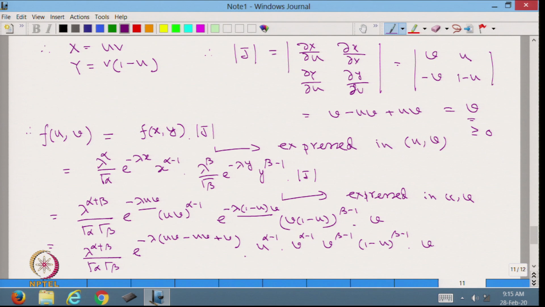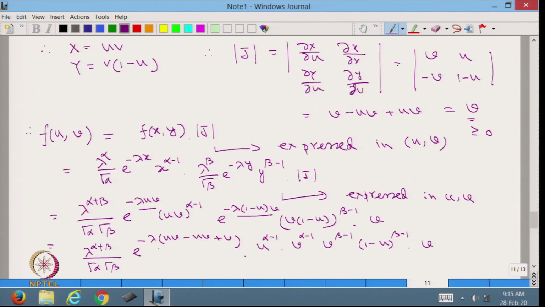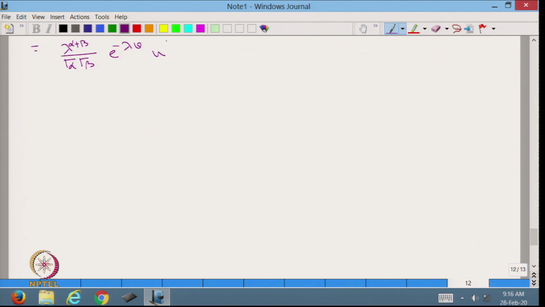That is equal to lambda to the power alpha plus beta upon gamma alpha gamma beta e to the power minus lambda v, u to the power alpha minus 1, 1 minus u to the power beta minus 1 and v to the power alpha plus beta minus 1.